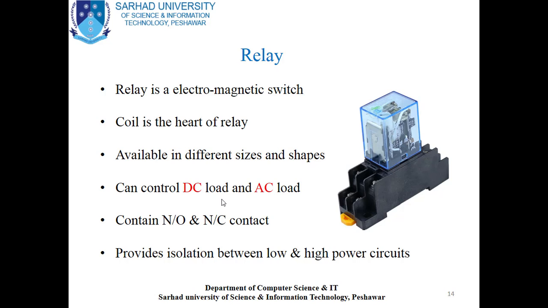As we know, there is no frequency in DC current or DC voltage. A relay can also be used for AC load. We can control an AC fan which is operated by 220 volts AC. AC means alternating current, in which there is some frequency.